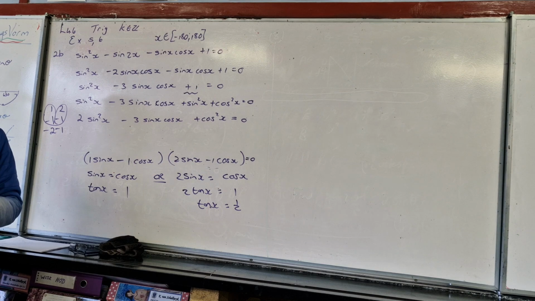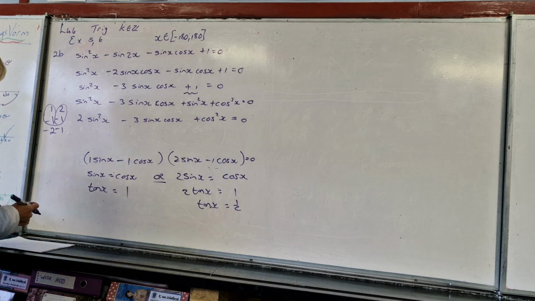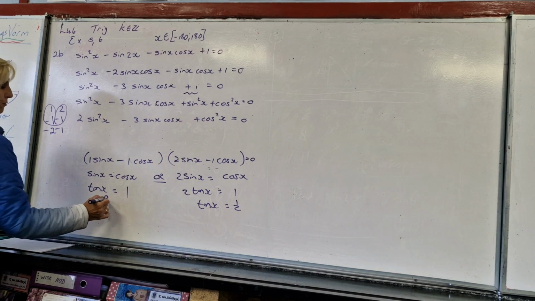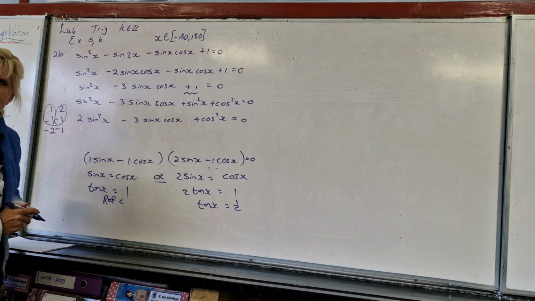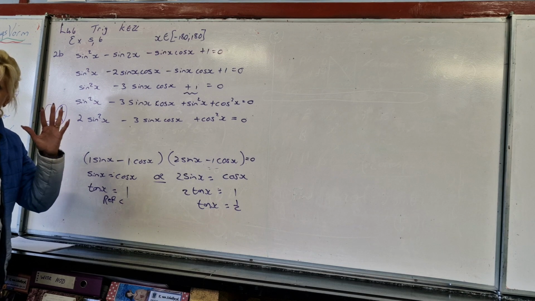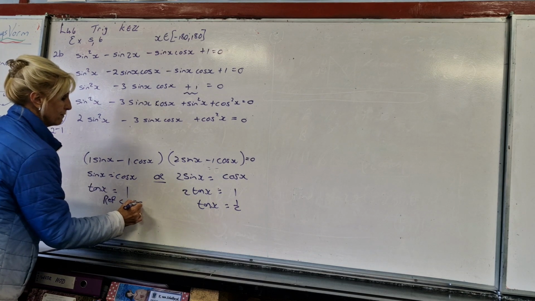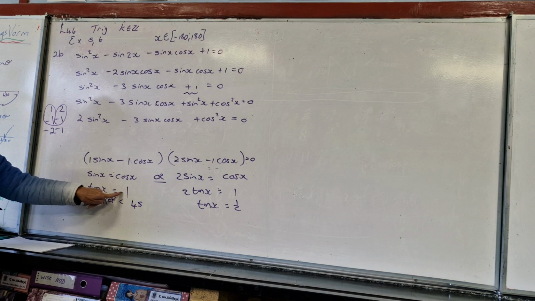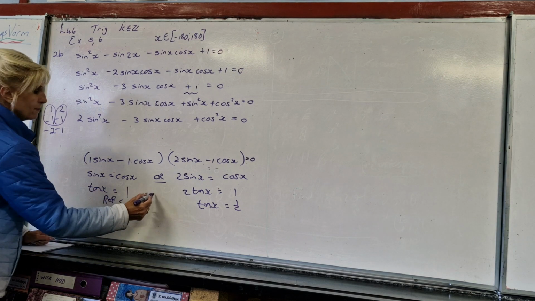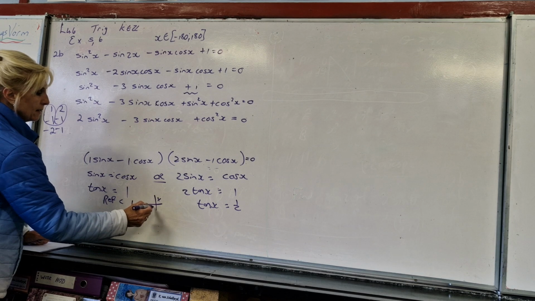That's type number 1. For type number 1, you first get your what? Reference angle, and your reference angle for tan being 1 is 45. You know that off by heart because you know your sketches. Then we always say, which quadrant are we? Tan is positive. So I am in which quadrant? 1 and 3.